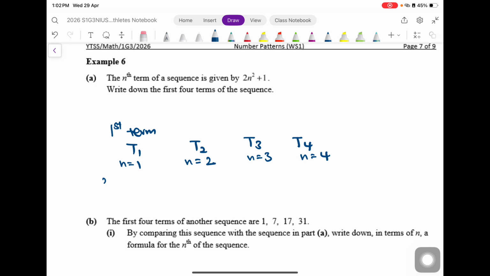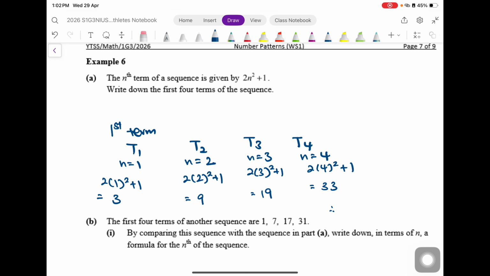So all I have to do is to sub it into my general term. Here I will get 3, here I'll get 9, here I'll get 19, here I'll get 33. So these are the first 4 terms of the sequence.